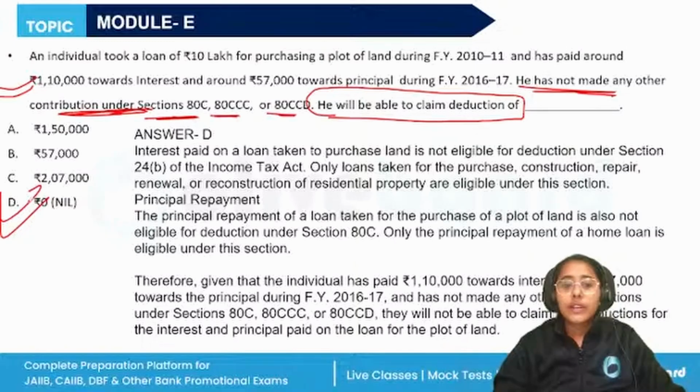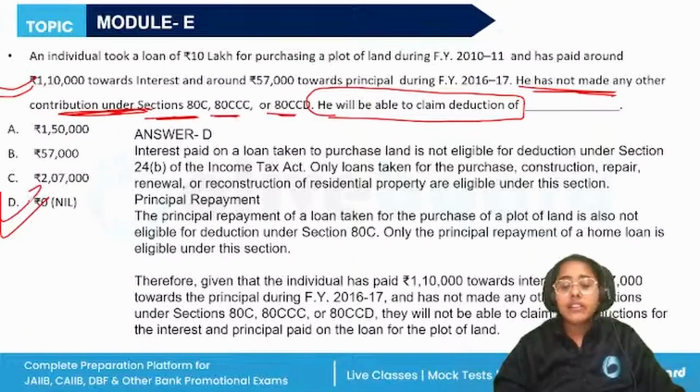Deduction under Section 24B: first point, only loans taken for the purchase, construction, repair, renewal, or reconstruction of a house are eligible. And the principal repayment on a loan taken for the purchase of a plot is also not eligible for deduction. Only the principal repayment of a home loan is eligible.